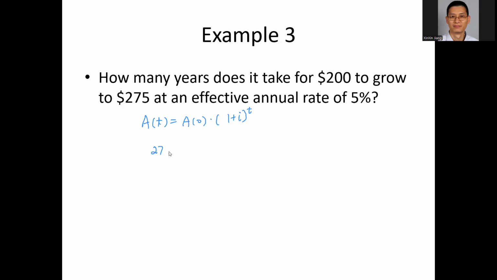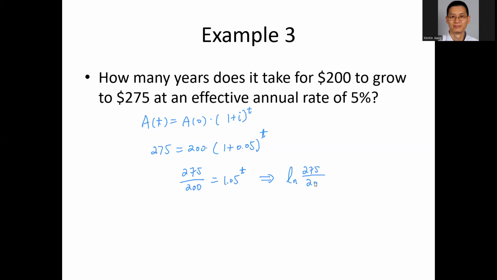So you have 275 equals 200 times 1 plus i, 0.05 to the t. So you have 275 over 200 equals 1.05 to the t. To solve for t, you have to use the log function. Let's use ln. You can use base 1.05, that's okay, but ln is probably more commonly used.